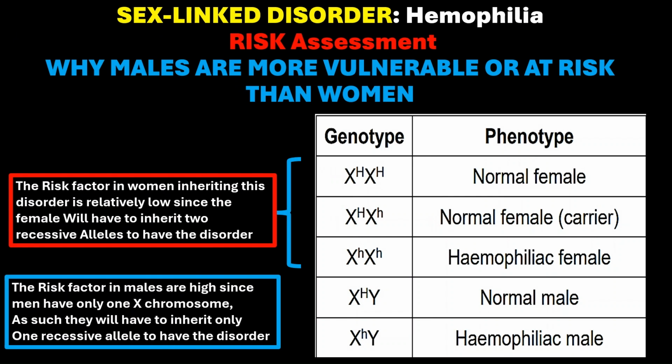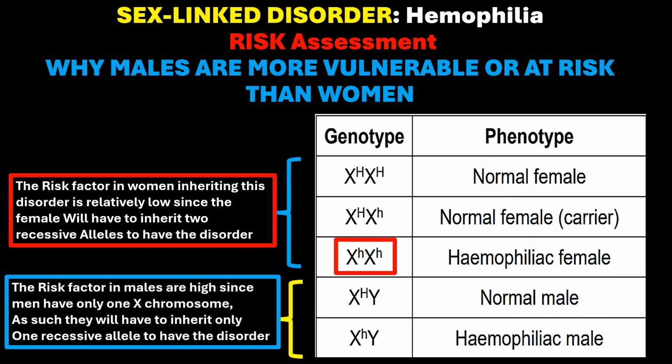So for it to be a hemophilic female, the chance of getting it is 1 out of 3. That is why the risk factor in females appears to be relatively low, since the female will have to inherit two recessive alleles to have the disorder. There are three ways you can produce a combination, and only 1 out of 3 will give you the condition in the case of a female.